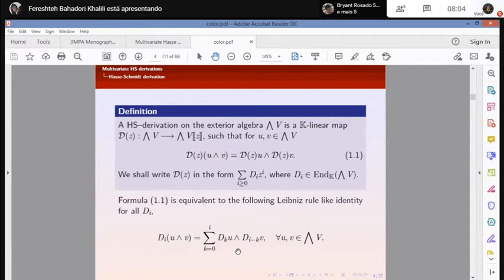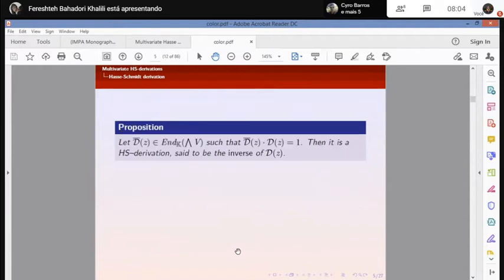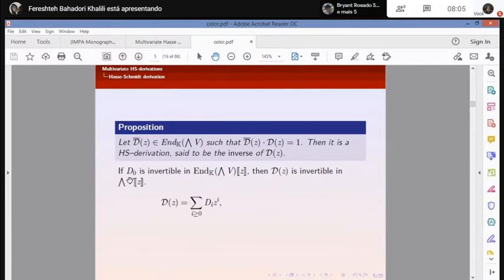I will explain some properties very shortly. If the Hasse-Schmidt derivation is invertible, then the inverse also is a Hasse-Schmidt derivation. And we know that in case E0, the scalar part, is invertible, then the Hasse-Schmidt derivation is invertible, and we denote the inverse by d bar.